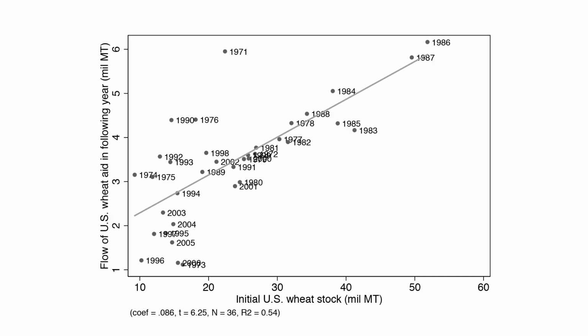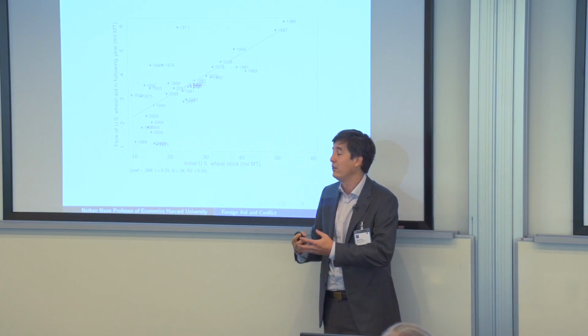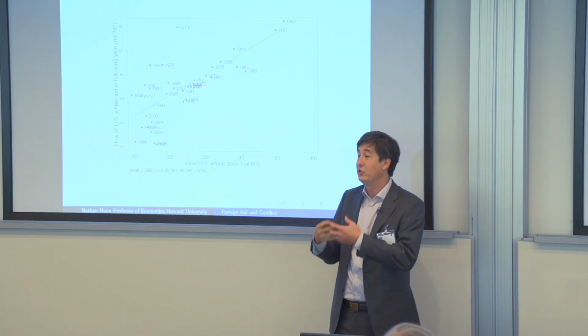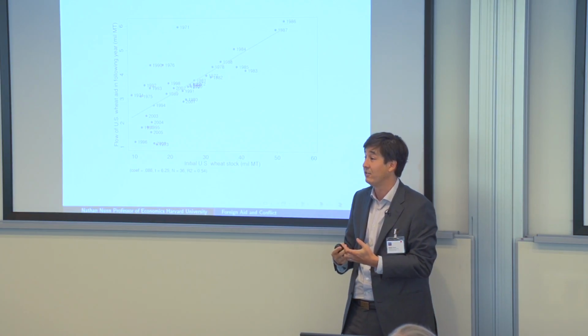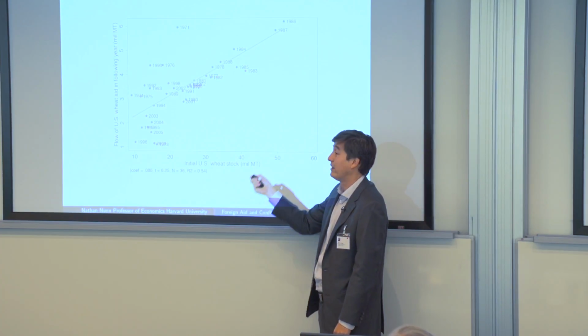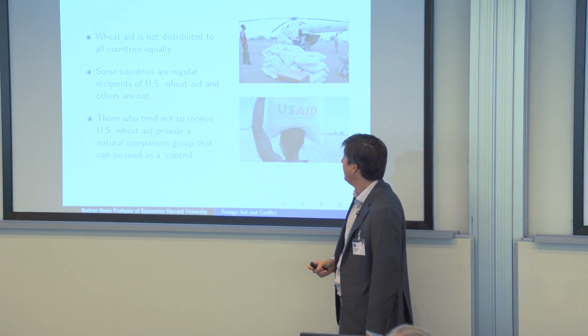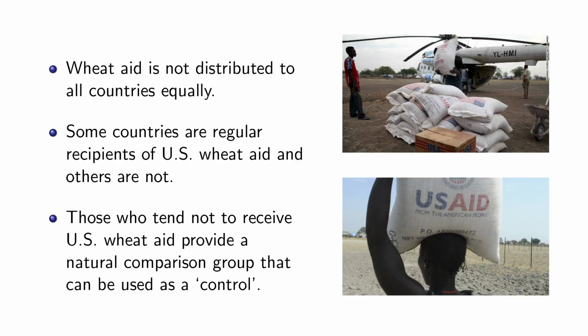And then this is the initial wheat stock, so US wheat reserves, and then the amount of wheat aid that's given as food aid the following year. So you see a very positive relationship. So in some sense, this is mechanical. We know that most food aid is wheat. And in order to ship wheat overseas, you need to have it in your reserves. Okay, and so this is exactly the story that I told.